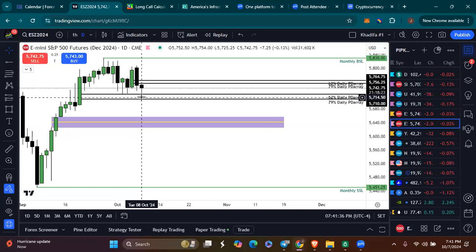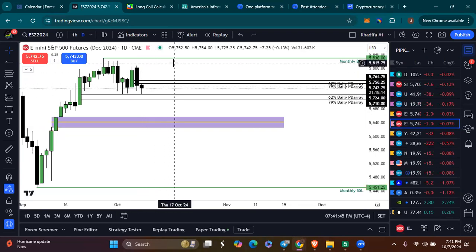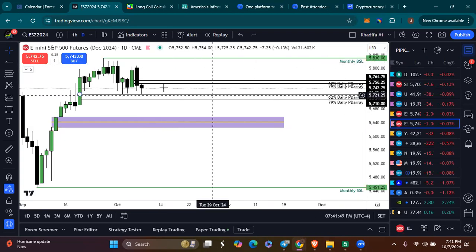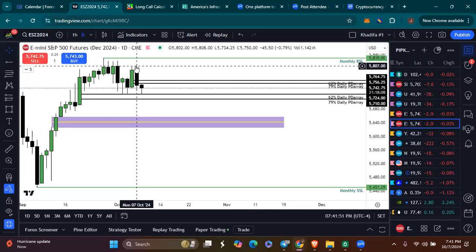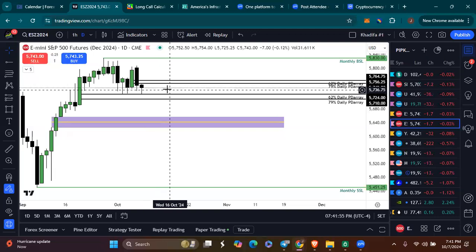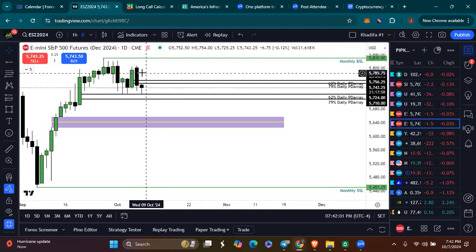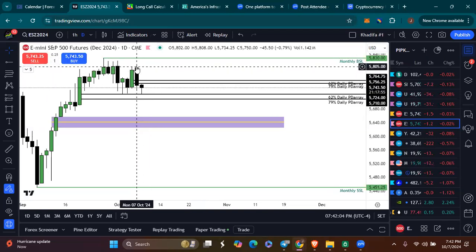And then once we close either inside of those levels or above those levels, then I would look for longs back up to run monthly buy side liquidity, or at least today's buy side liquidity. And then we'll determine whether price is going to keep pushing up, or how it reacts when it runs that daily buy side liquidity.